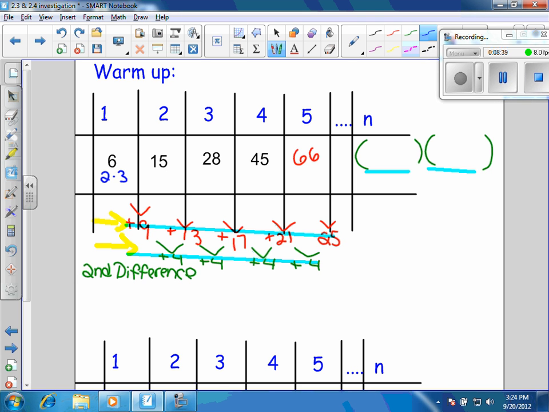Another way would be 1 times 6, right? Okay, let's go through that. Now think of ways to get 15. 3 and 5. Okay. Or 15 and 1.